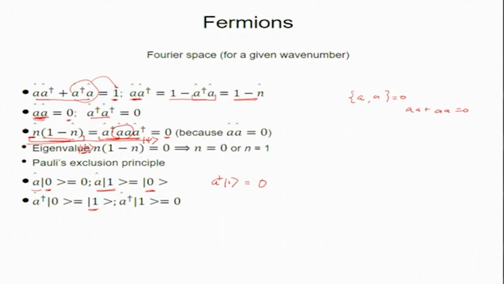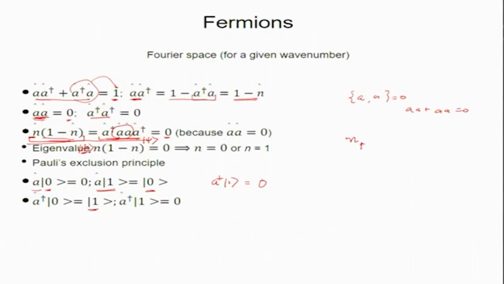You have to be careful, this is different from bosons, but if you bring in spin, no problem, you have to count the up spin and down spin separately. The n will not become different. So, n up times 1 minus n up is 0, and the same with n down, for a given wave number and spin.